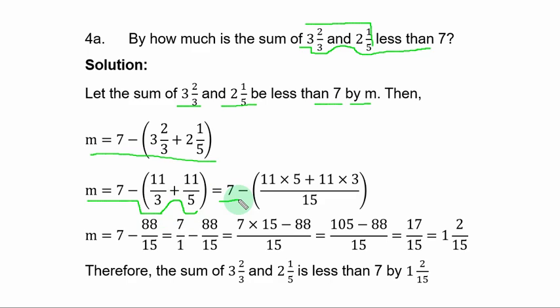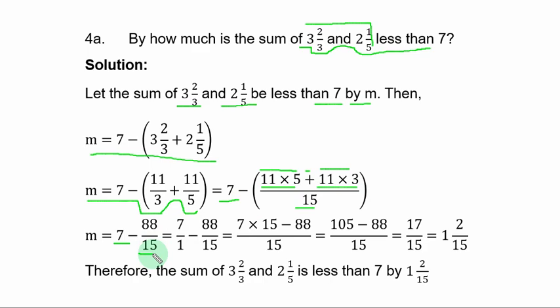The LCM of 3 and 5 is 15. If you divide 15 by 3, you have 5. 5 times 11 plus, you divide 15 by 5, you have 3 times 11. So you have 7 minus, here you have 55, and this is 33. When you add, you have 88 over 15.